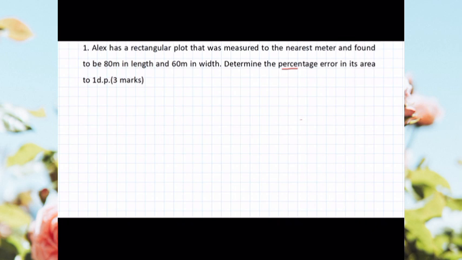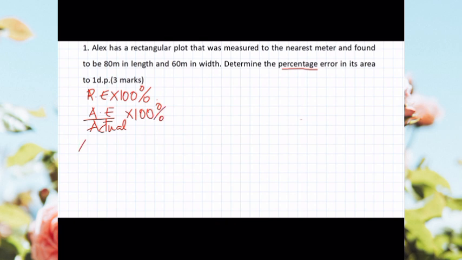So here, for us to be able to get this percentage error, we know that the percentage error shall be given by the relative error multiplied by 100%. But now, for us to get to the relative error, we need to take the absolute error. We divide by the actual. And then here, we can multiply by 100%.